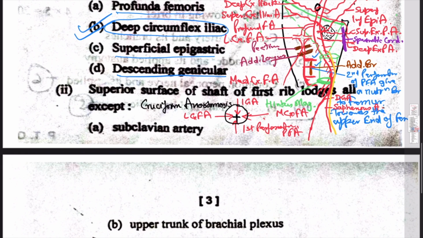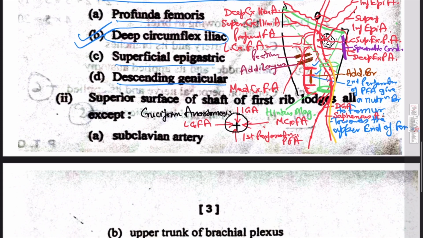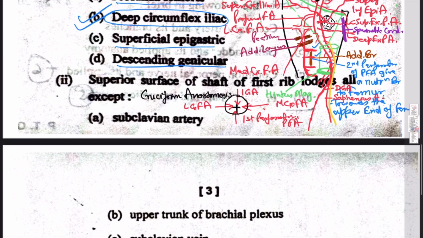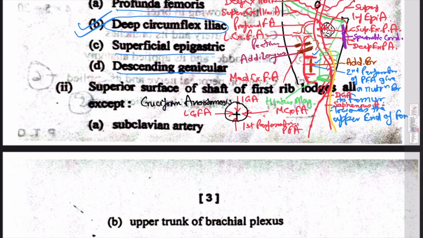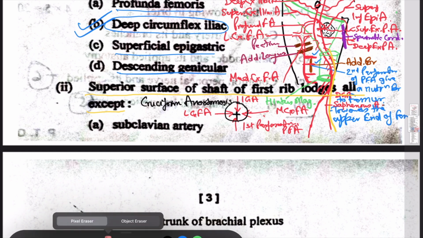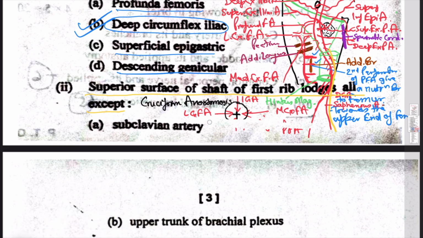Question number two is: superior surface of the shaft of first rib lodges all except. Let me rub this so it becomes clear.